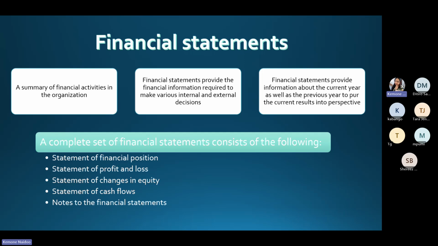Or like, where do we stand in terms of our finances. So we want to obviously make profits. You don't want your expenses to be higher than your income, those kinds of things. So your financial managers are there to ensure that those financial objectives are met. So they do this through these different financial statements.